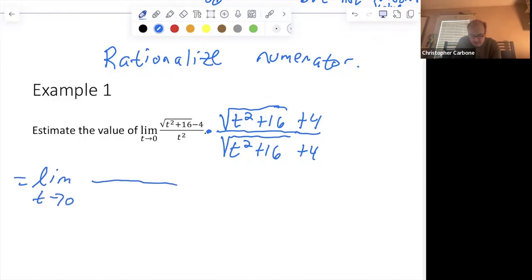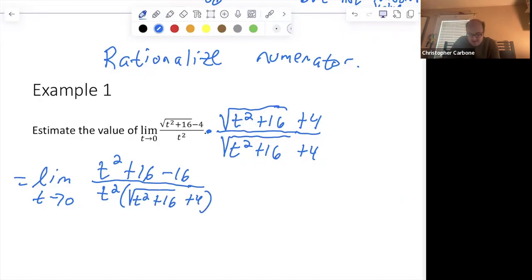Multiplying the numerator with its conjugate like that, this simplifies to be the square root of t squared plus 16 times the square root of t squared plus 16. That simplifies to be just t squared plus 16, minus 4 times plus 4 makes minus 16. The two middle terms cancel out because they're the conjugates, and that's why I chose that as the number to multiply by. Divide by, you can't do anything nice here, t squared times the square root of t squared plus 16 plus 4.